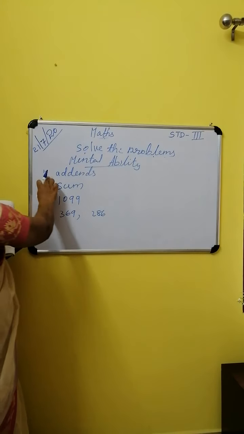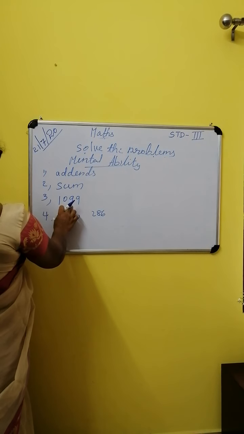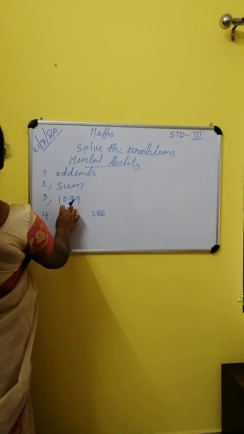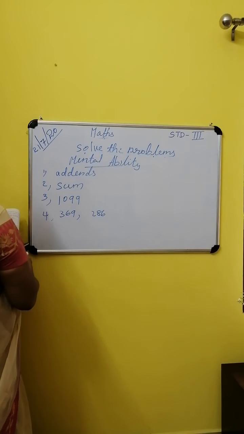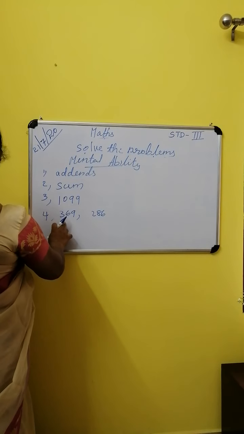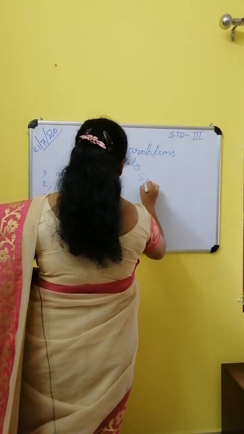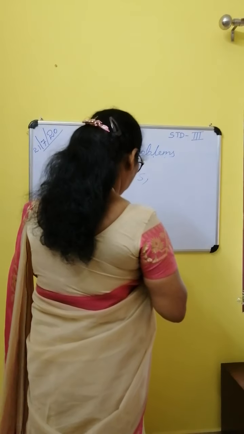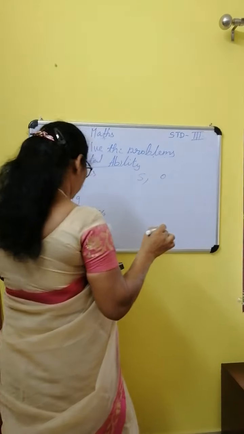Wrong number. First one add, second one sum, third one 1099. Then fourth one correct. Then fifth one, here it is. Fifth one, put a 0 in the column.